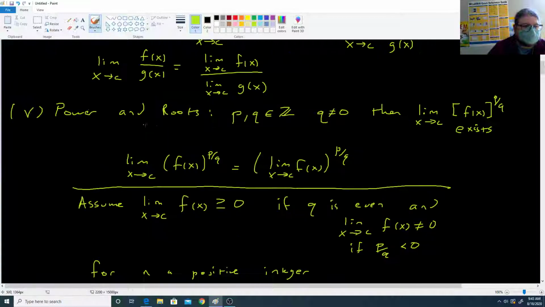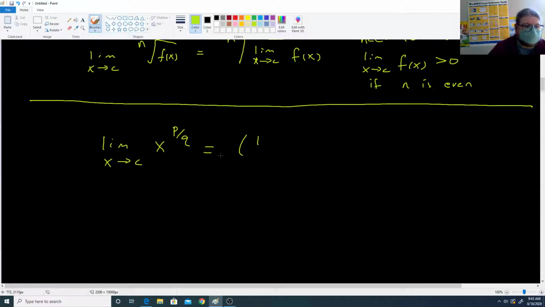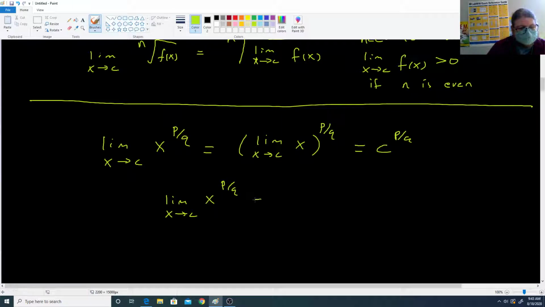Let's see, where's the one with p over q? Yeah, this statement here, we're going to use this first. That equals the limit as x approaches c of x, to the p over q power. And from that theorem we did a couple classes ago, the limit as x approaches c of just x is c. So this equals c to the p over q. And we can put that together to get a nice little equation: the limit as x approaches c of x to the p over q will equal c to the p over q.